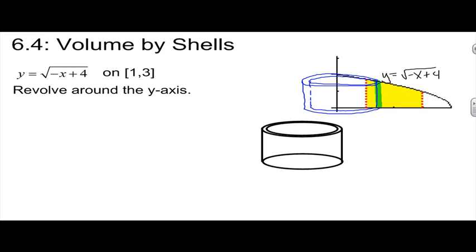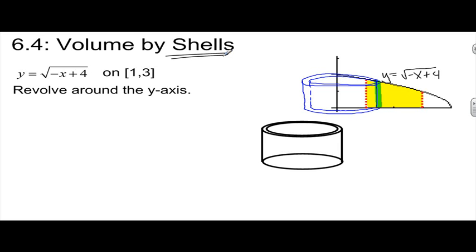Now what we've got to figure out is a way to approximate the volume of that one shell that we get when the vertical slice is revolved around the y-axis. So think about it this way.